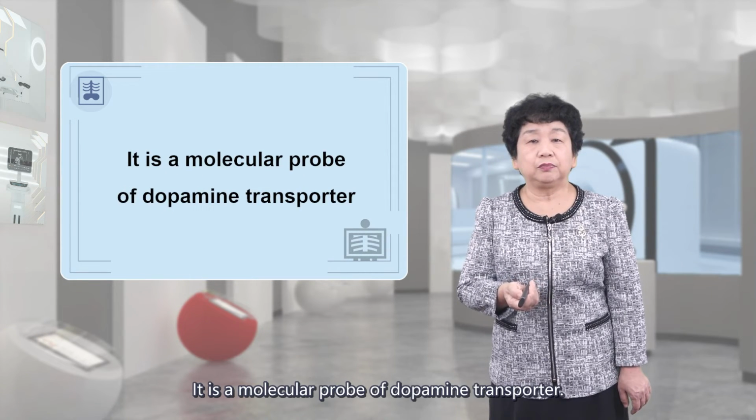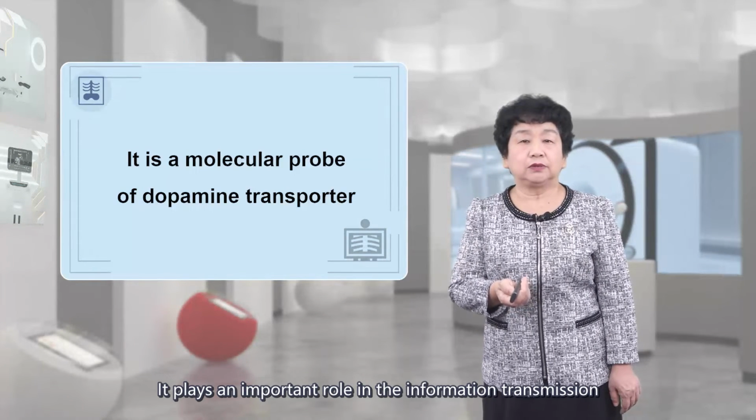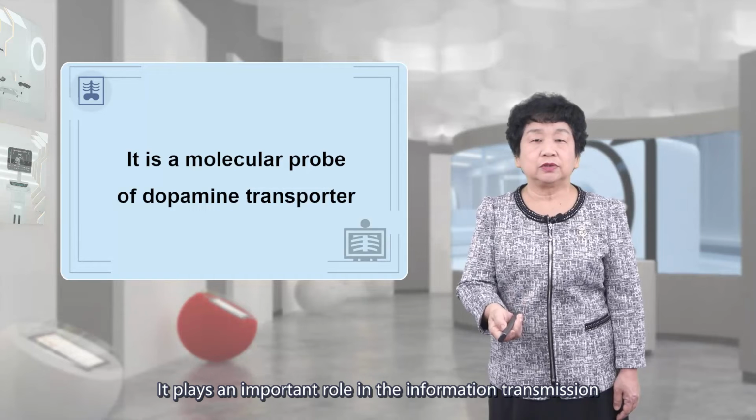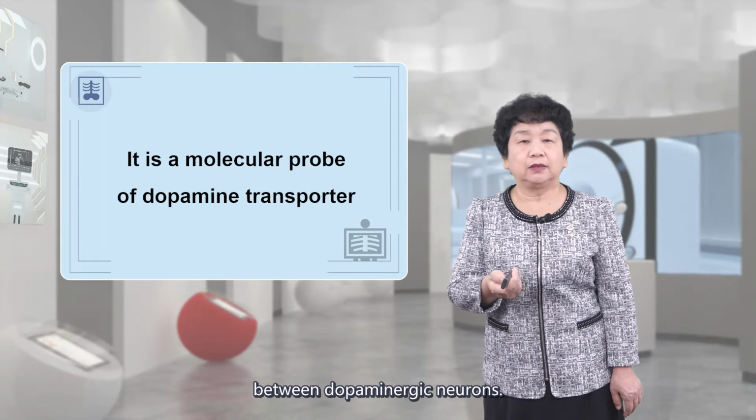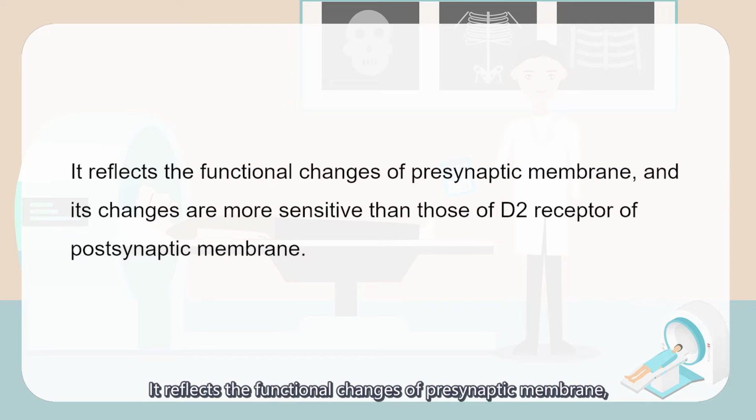It is a molecular probe for the dopamine transporter. It plays an important role in the information transmission between dopaminergic neurons. It reflects functional changes of the presynaptic membrane, and its changes are more sensitive than those of the D2 receptor of the postsynaptic membrane.